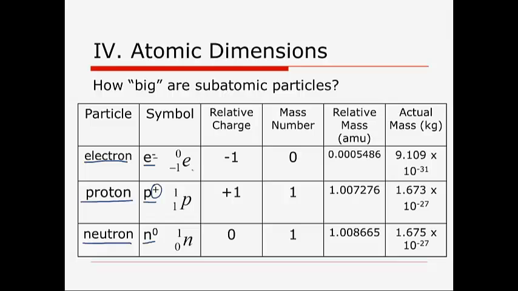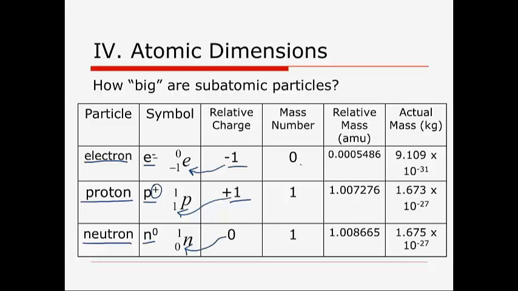The other way you can do it is you write numbers on the left side. Relative charges, meaning the charges relative to each other. Protons and electrons, even though they're different sizes, their charges are basically opposites but of the same magnitude. Notice the charge becomes the bottom number, and no charge for the neutron goes on the 0.